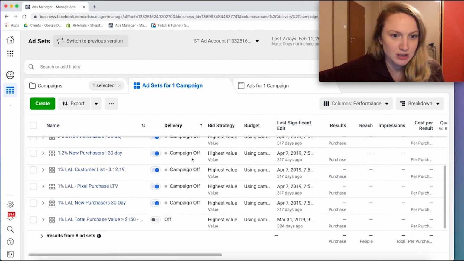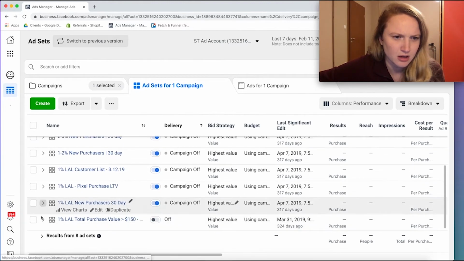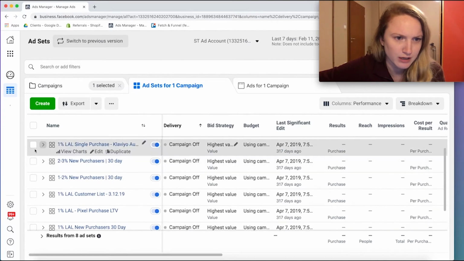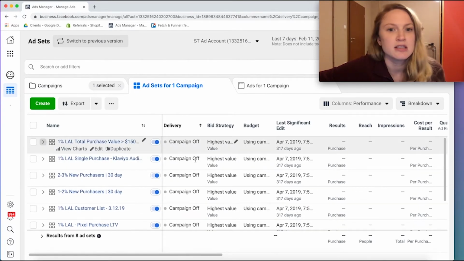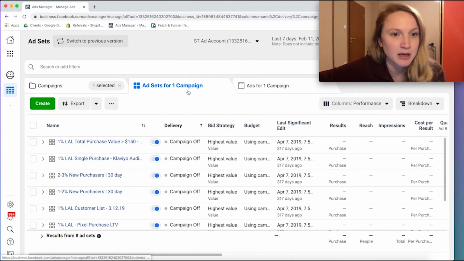So you can see that we had a number of winners in here. One had been turned off. 1, 2, 3, 4, 5, 6, 7. Now, actually, what's interesting about this particular campaign is 6 or 7 ad sets is actually the number of ad sets that I'd recommend having in a CBO campaign.